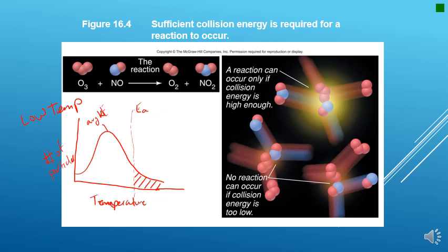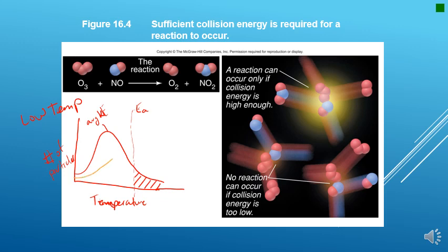So how does the curve shift when we have a higher temperature? Because we have a higher temperature, we're going to have a wider expanse of kinetic energies for the different particles. So instead of having a very tall peak that's compressed, it's going to spread out.